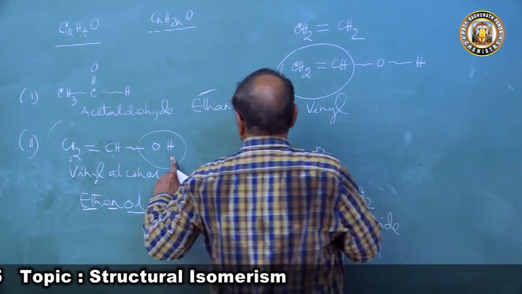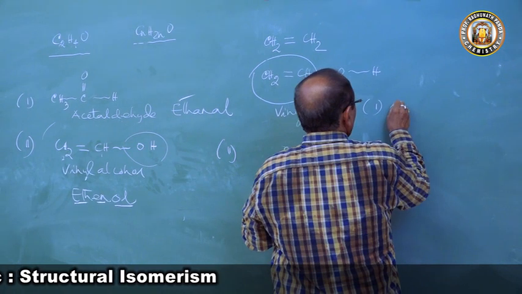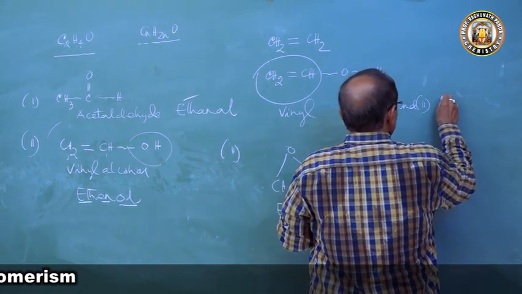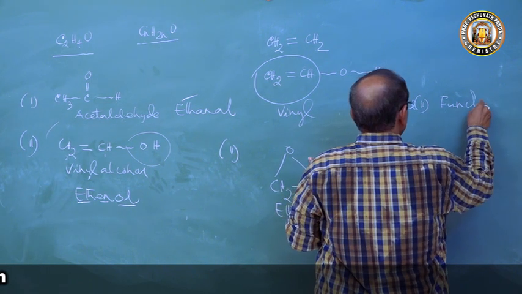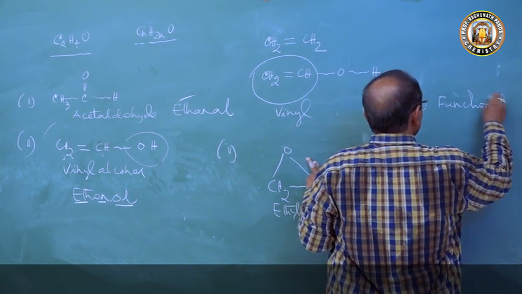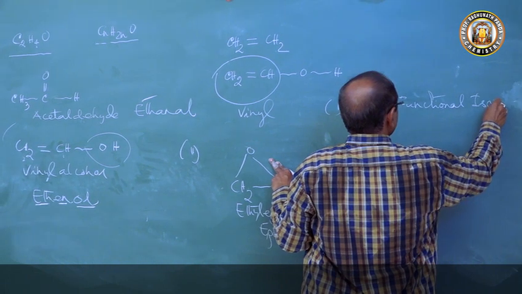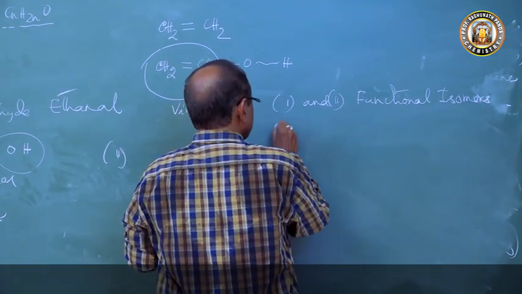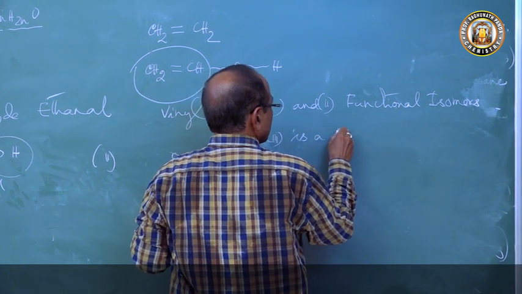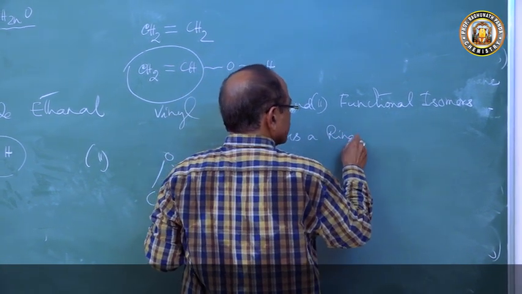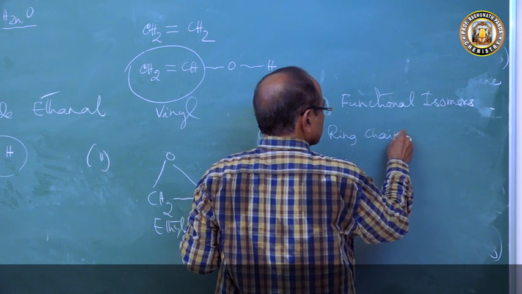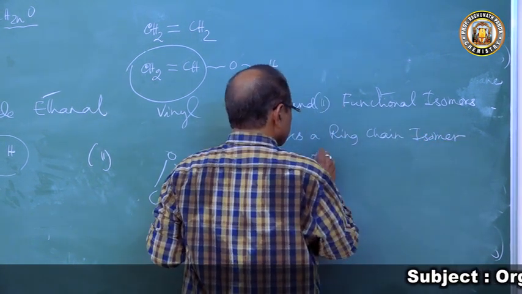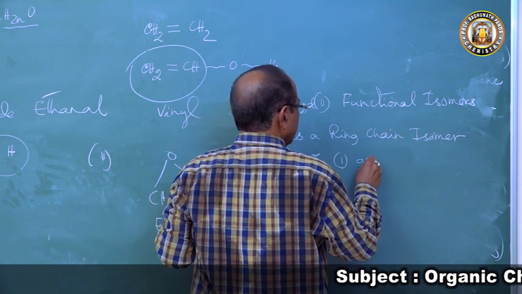So we'll say 1 and 2 are functional isomers, and 3 is a ring-chain isomer of 1 and 2.